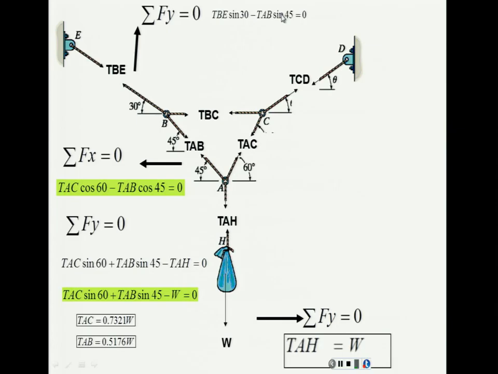And then you get your first equation. Do you know TBE? No. Do you know TAB? Yes, we do. It's here. So I'm going to get this TAB now, plug it into here, solve, and calculate TBE, remember, in terms of W.